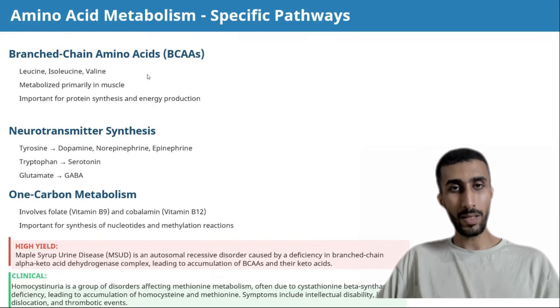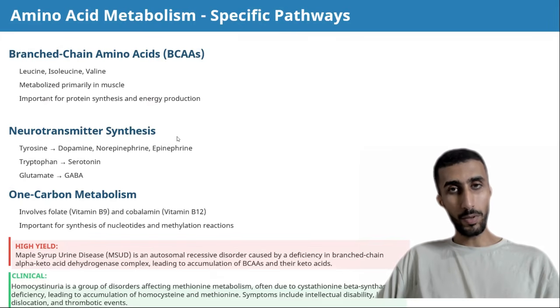People affected by this, these children, have vomiting, lethargy, and a very characteristic sweet urine odor. There is a build-up of branched chain amino acids, and the branched chain amino acids are very important for protein synthesis and energy production.